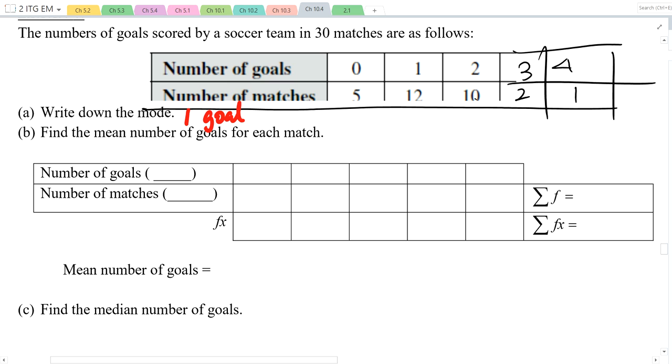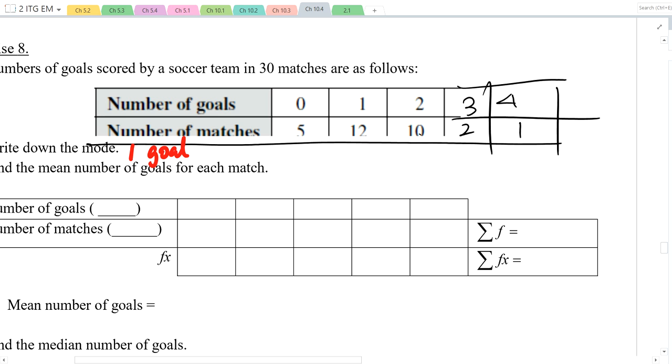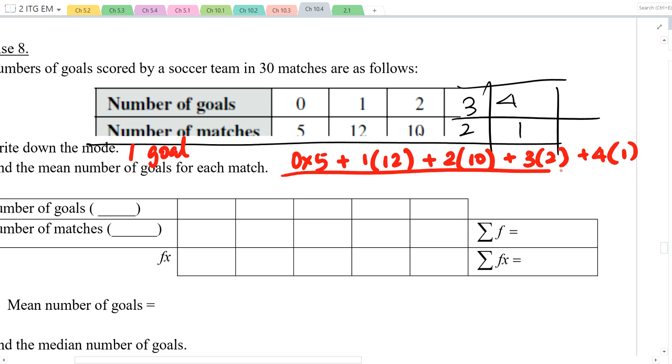Now, find the mean number of goals for each match. That's also not difficult. Mean number of goals, 0 times 5. I want to find the total number of goals, alright? Plus 1 times 12, plus 2 times 10, plus 3 times 2, plus 4 times 1, divided by, what's the denominator?